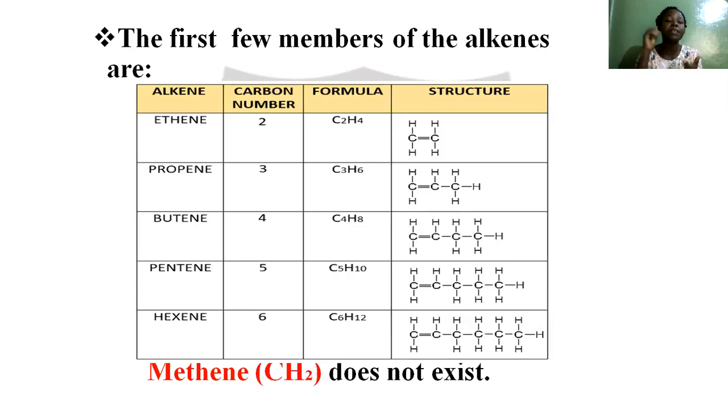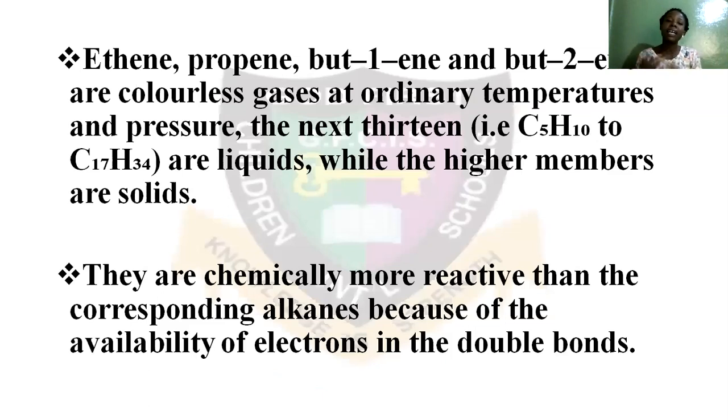The characteristic property of the alkenes is that they possess the double bond, and that double bond is their functional group. That's what determines their chemical property, the way they behave. So moving on, let's look at their physical properties. The first members, ethene, propene, 1-butene and 2-butene, are colorless gases at room temperature, while the next 13, from carbon 5 to carbon 17, are liquids, while the higher members are solid.